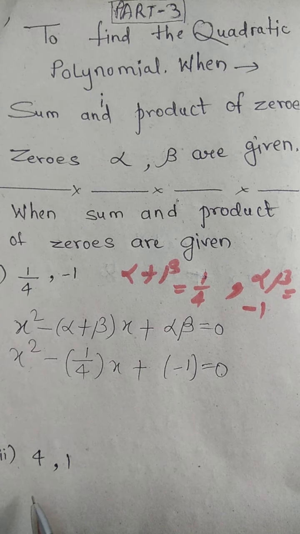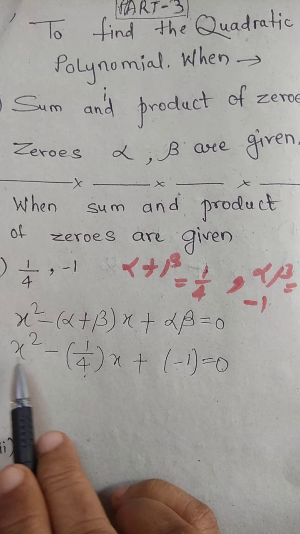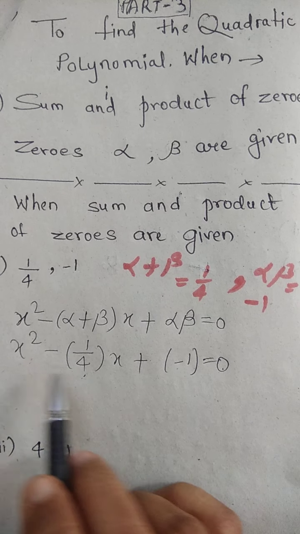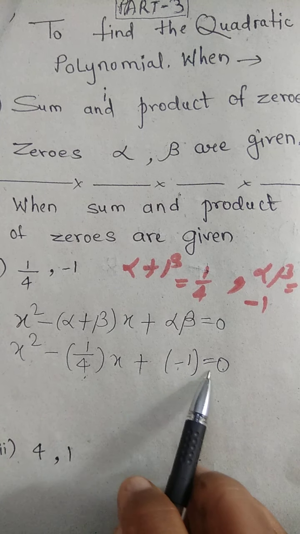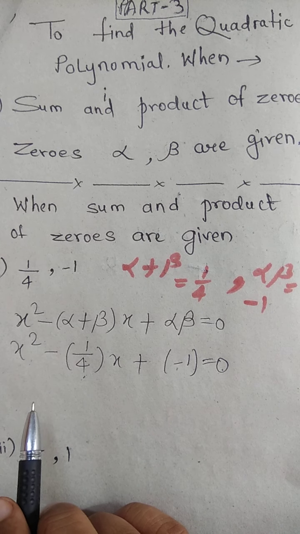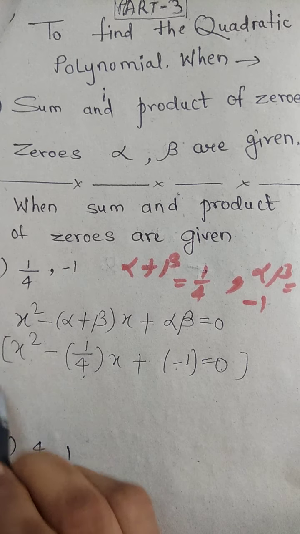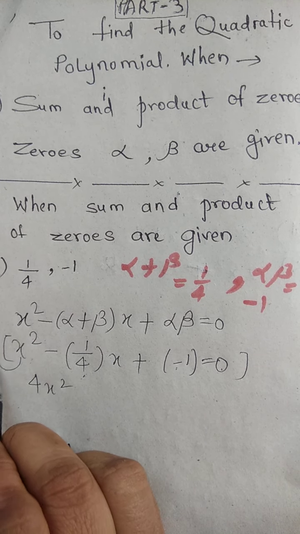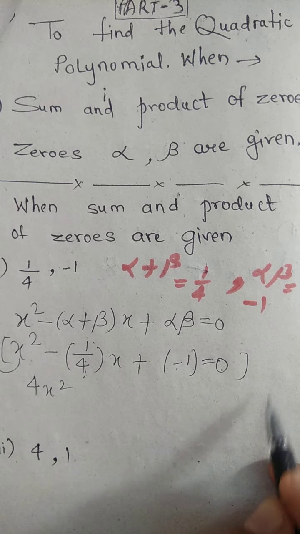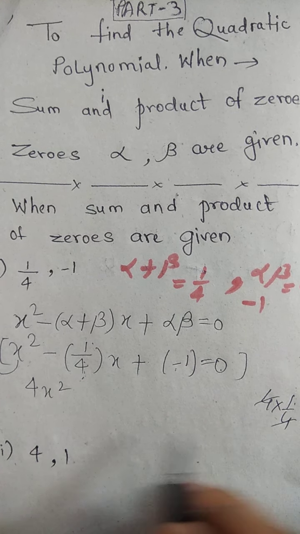Fine. Now we don't want this denominator. We want this in simple form. So for that what to do? Each and every term you multiply by 4. If we multiply each and every term by 4, 4 into x square you will get 4x square. And if you multiply 4 into 1 by 4, 4 will get cancelled, you will get 1.